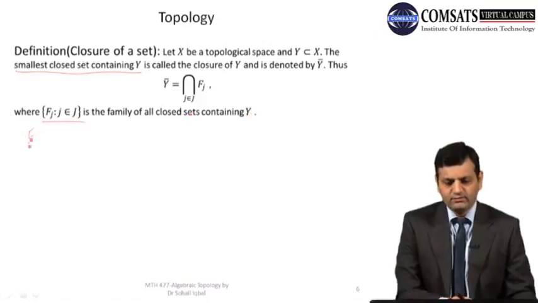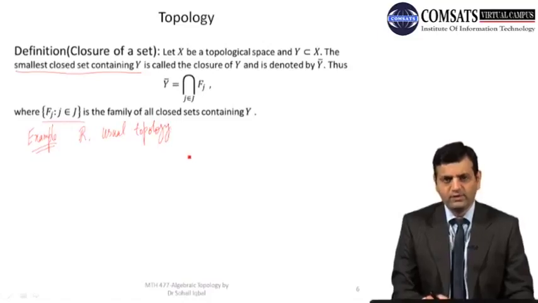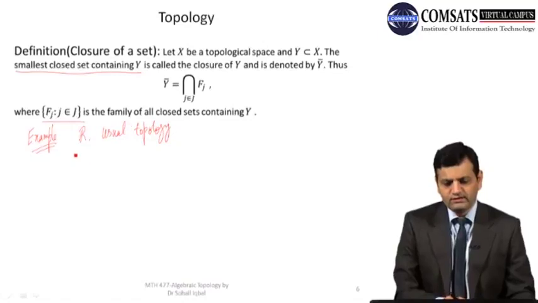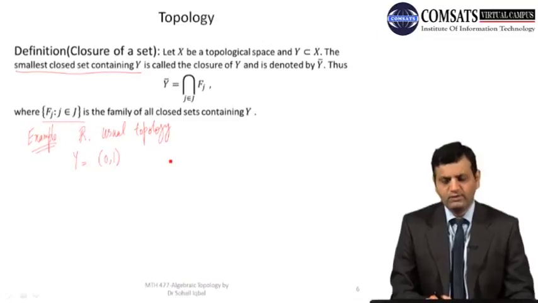So for example, consider R with the usual topology. We have already seen that the usual topology means the open sets are unions of open intervals on the real line. So consider this set Y to be, let's say, the open interval (0, 1).